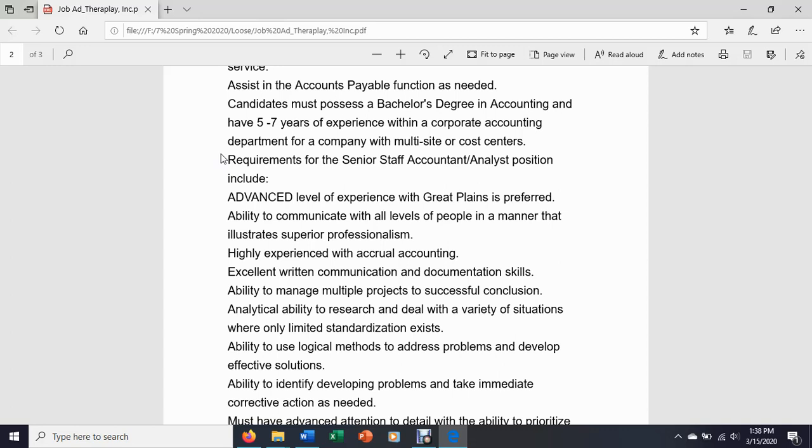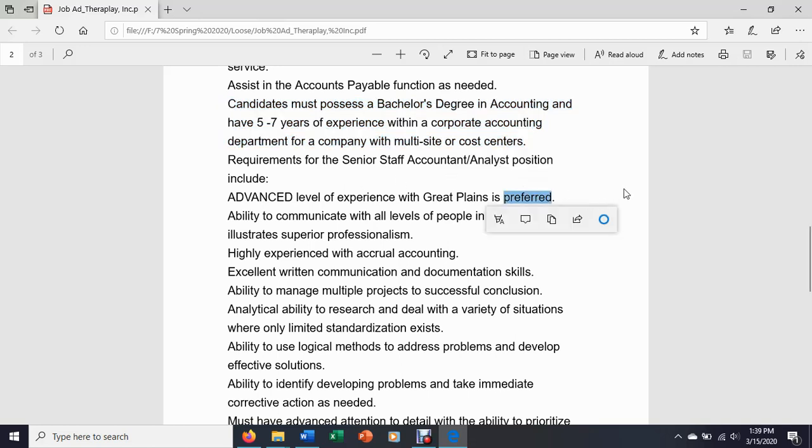So if it says must possess a bachelor's degree in accounting and have 5 to 7 years of experience, those are things that if you don't have those characteristics, you're unlikely to be seriously considered.